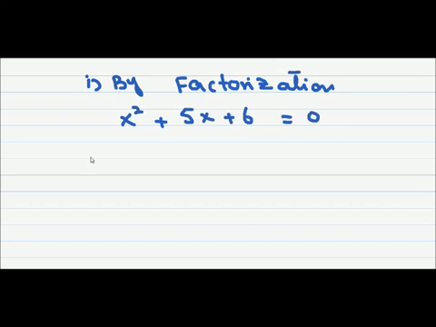The first step is to divide the linear term 5x into two such terms so that when these two terms are added up, they give 5x, and when we multiply them, the result is 6x squared. So we divide 5x into 2x and 3x.